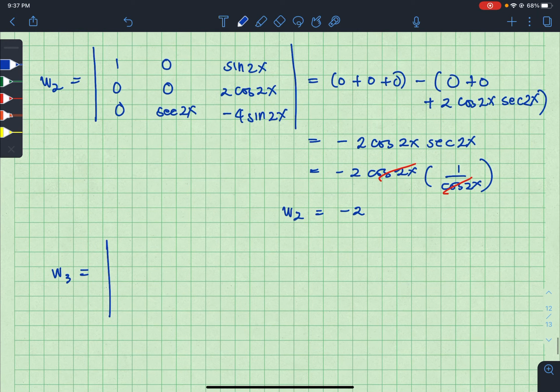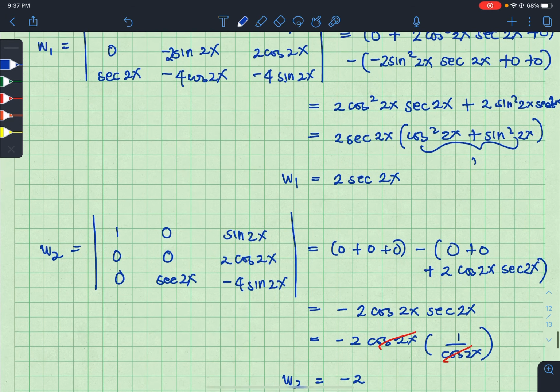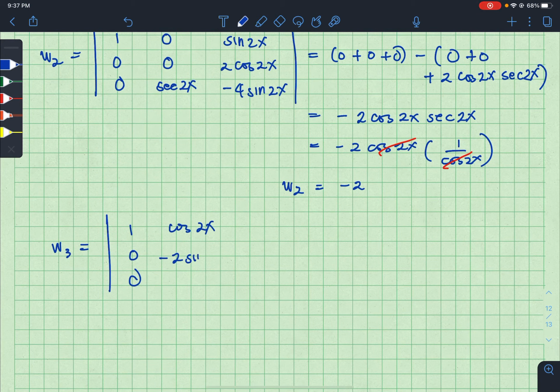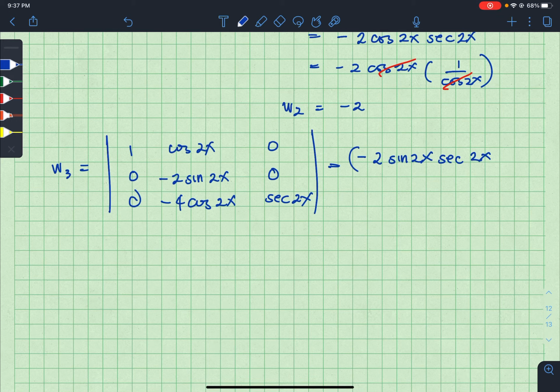And lastly, we have 1, 0, 0. The one in the middle is cosine 2x, negative 2 sine 2x, and lastly, negative 4 cosine 2x. And 0, 0, secant 2x. So downward, we'll have negative 2 sine 2x secant 2x. Then this one, 0. The last one is 0.